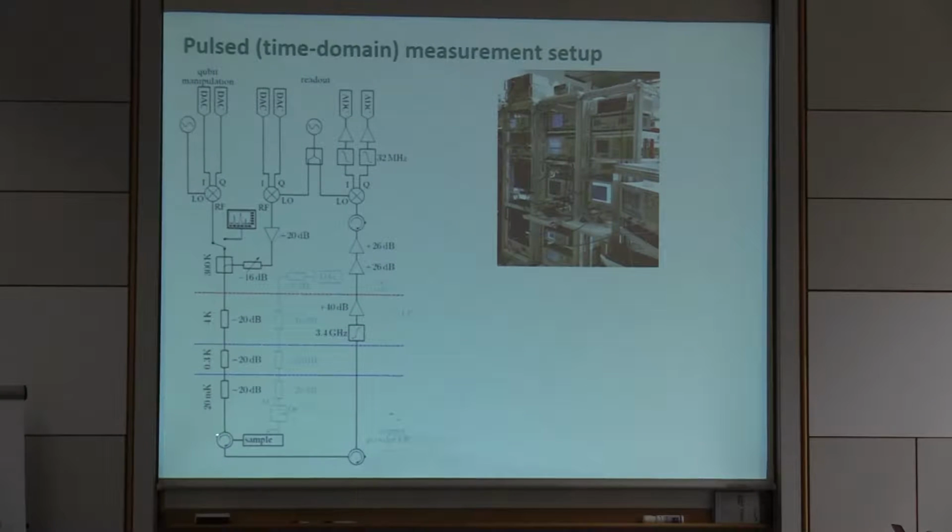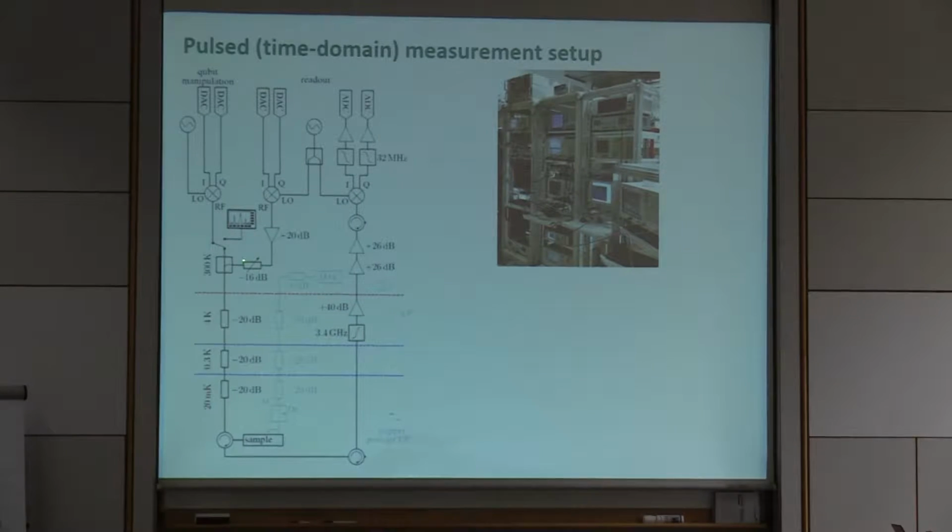The signals go to the sample via the circulator. The qubit manipulation tone drives the qubit directly, and the readout tone just excites the resonator. And after passing the resonator, it gets back to the transmission line and gets filtered, amplified at 4 Kelvin, gets to room temperature, gets further amplified, and then it's mixed down.